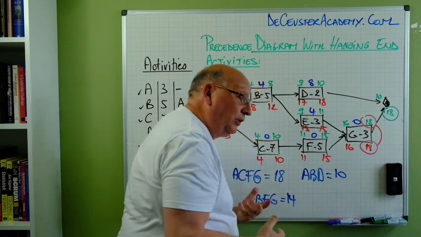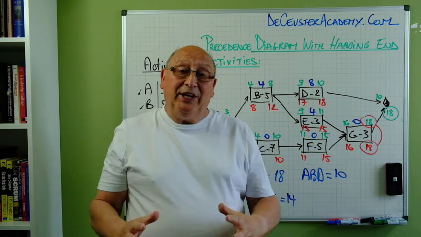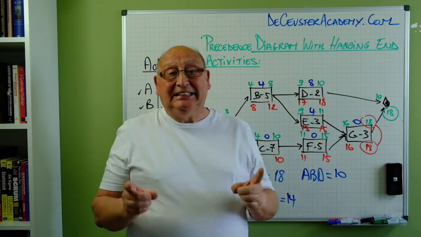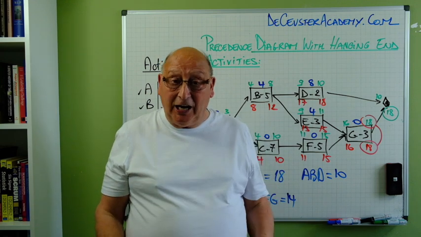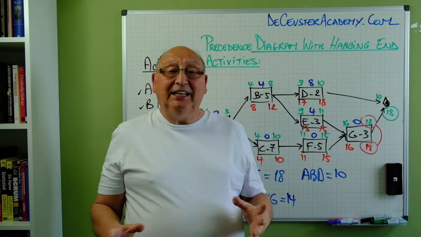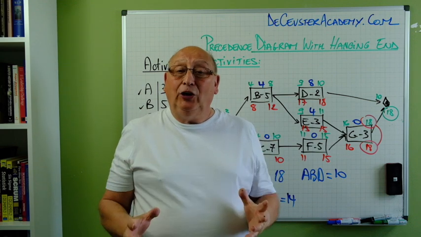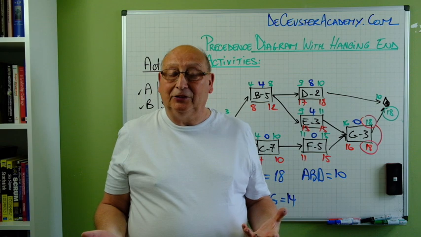So that's an important element I wanted to stress in this video. When we have hanging activities at the end of the project, it's important to select the correct late finish time of all activities. The late finish time in that case is determined by the early finish time of the critical path, of the longest path.